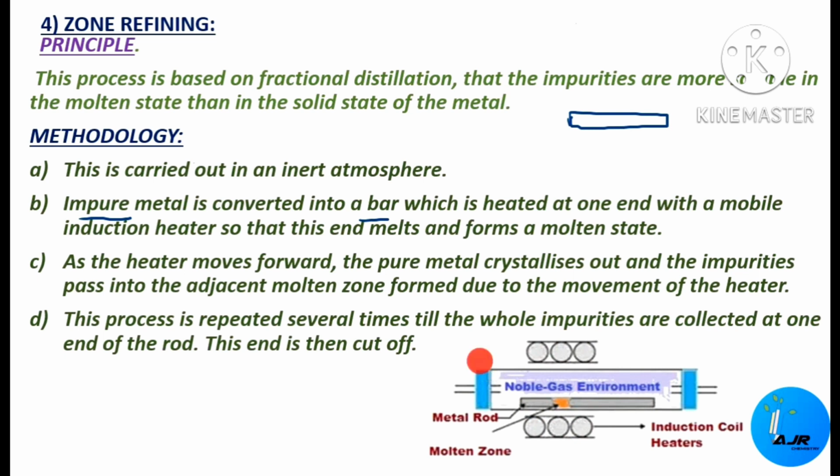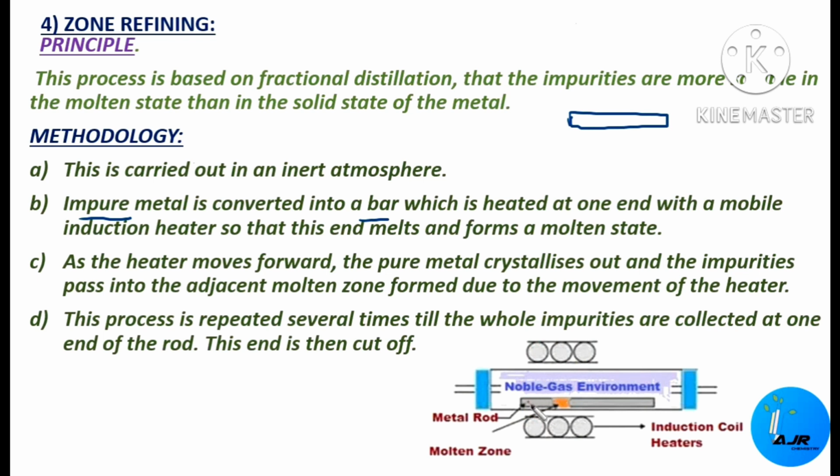When this mobile induction heater is moved from one end, the metal is heated at one end, so that particular end melts and forms a molten state. When we are keeping the mobile induction heater here, this particular area will be getting converted to a molten state.